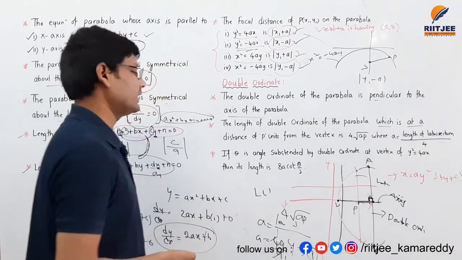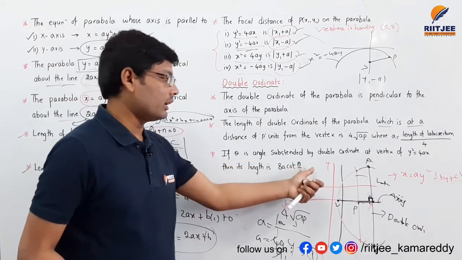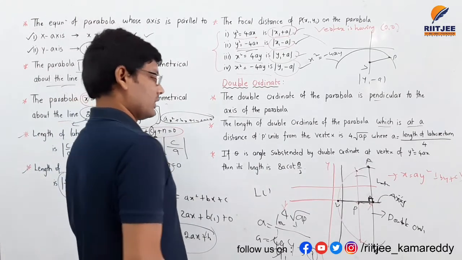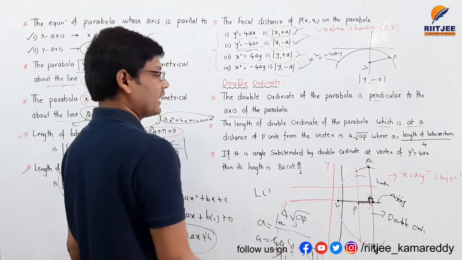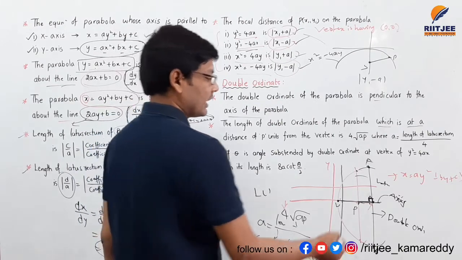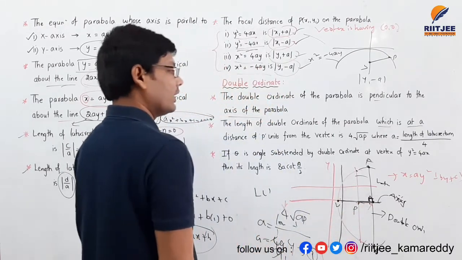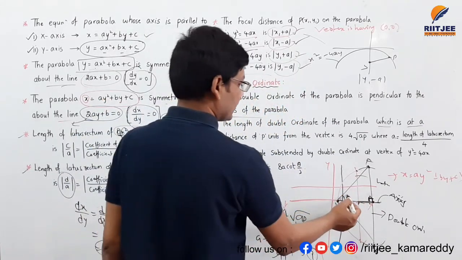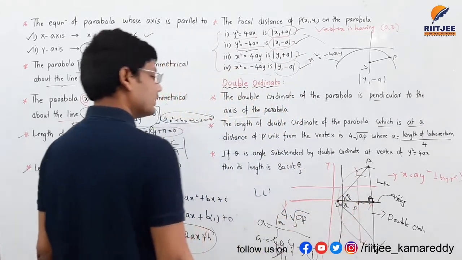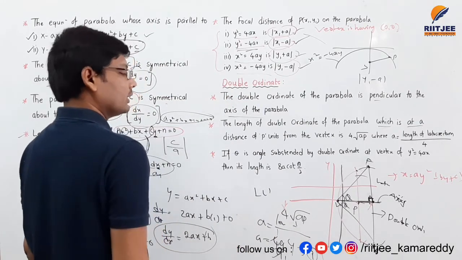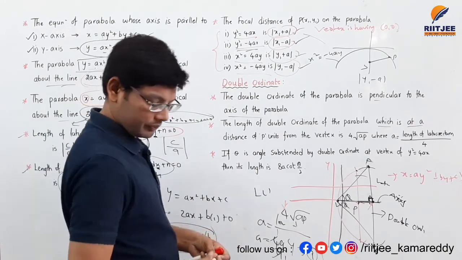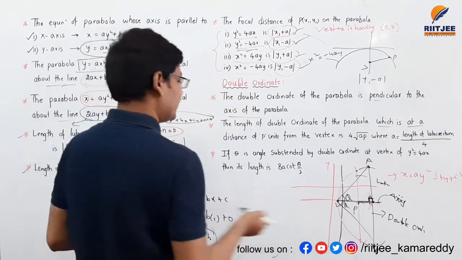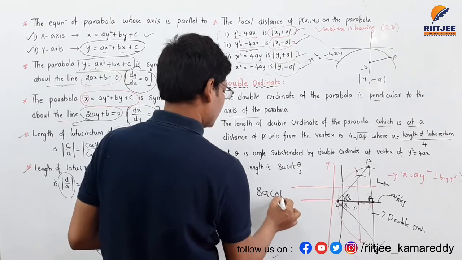And the final point: if theta is the angle subtended by the double ordinate at the vertex of y square is equal to 4ax, like this, this is theta here, then the length of the latus rectum formula is 8a cot theta by 2.